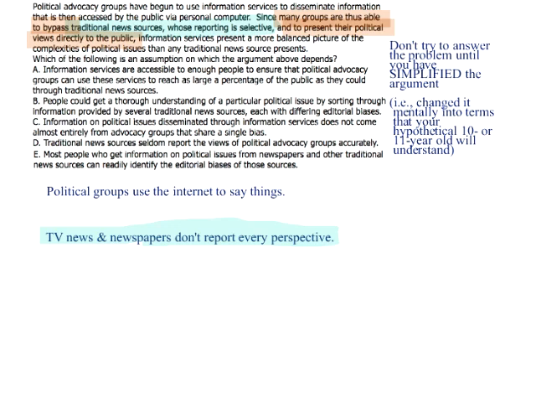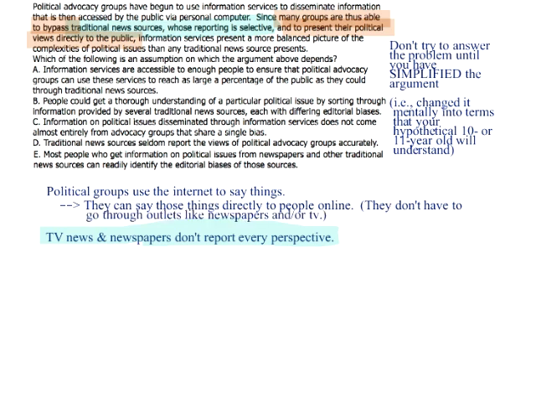In other words, they don't have to go through outlets like newspapers and TV. So that's what the orange part is saying, right? They can actually talk to the people. It's like the internet is a giant town meeting kind of thing.